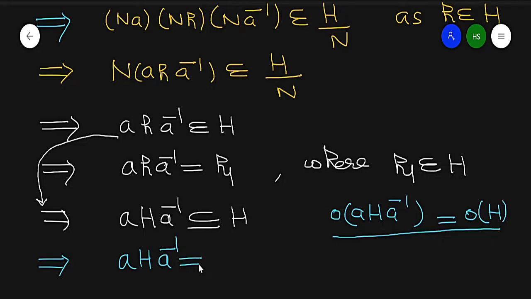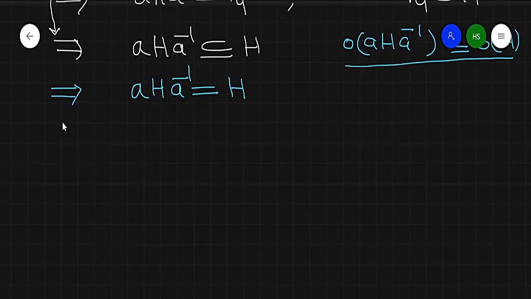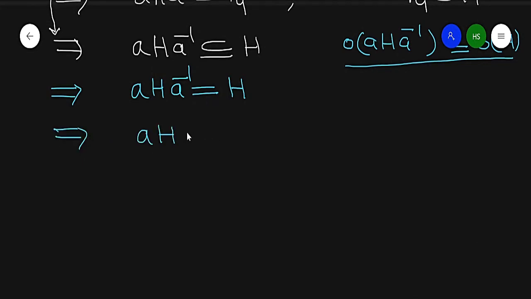So A H A inverse is equal to H. So it satisfies this condition. So what we get from this is A H A inverse equals H, it means A H is equal to H A.